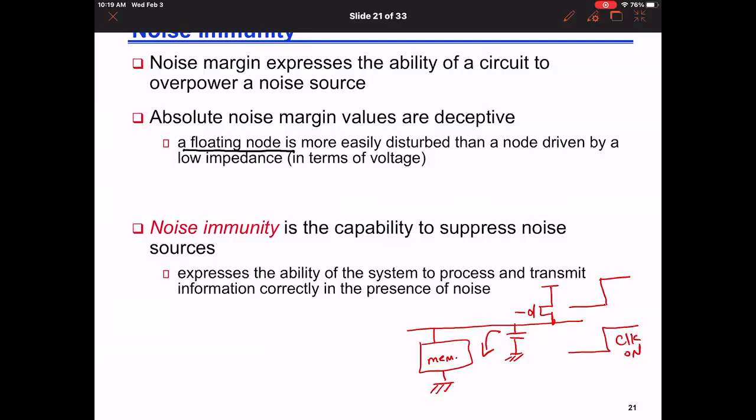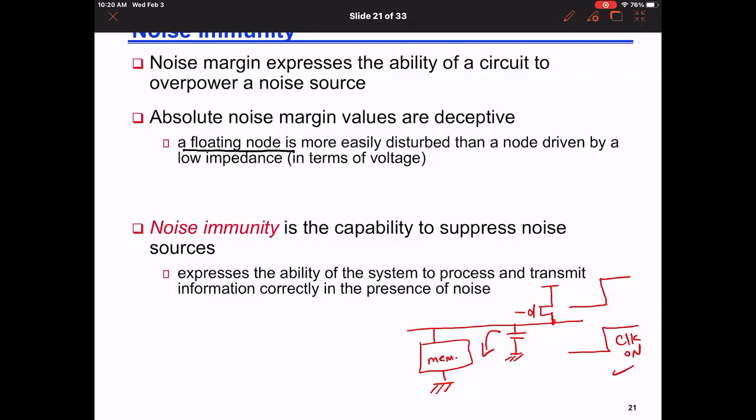If noise kicks in and I falsely discharge the capacitor, my system will think that when the clock was on, the memory has discharged and therefore I have a match, and it's going to give another instruction. So this is an example where we rely on discharging a capacitor to flag some event, and if noise falsely discharges it, it's a problem.